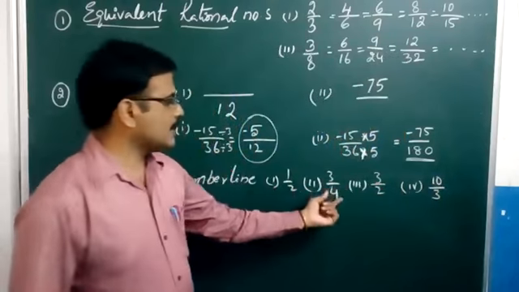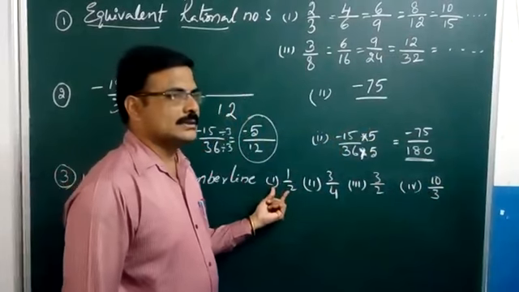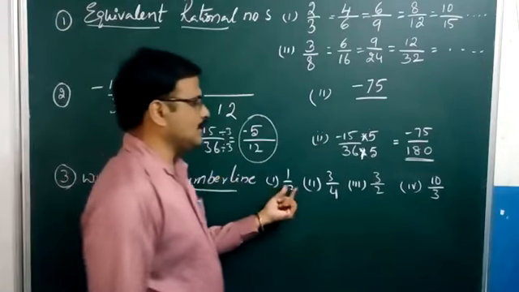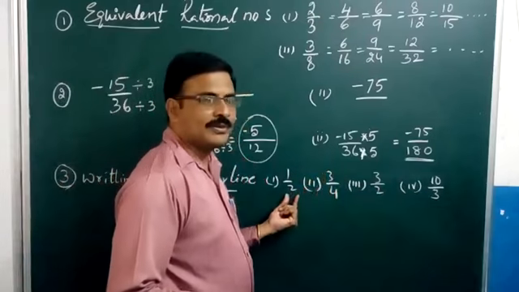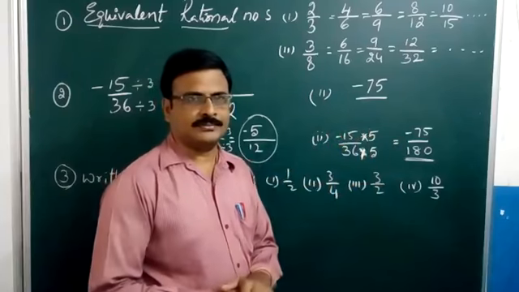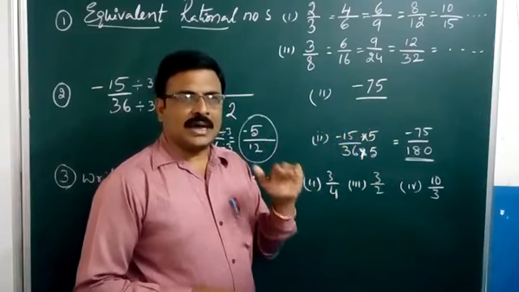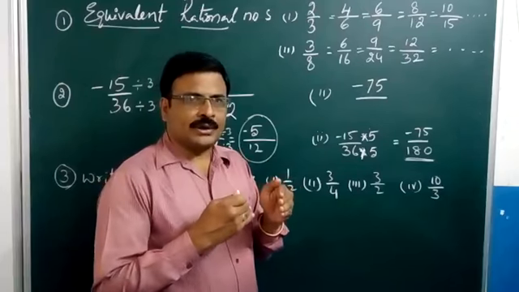Children, whenever you are given numbers to note down on the number line, observe whether the given numbers are proper fractions or improper fractions. If the number is a proper fraction, definitely its value lies between 0 and 1.